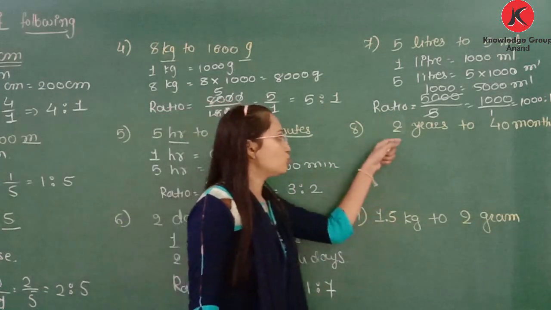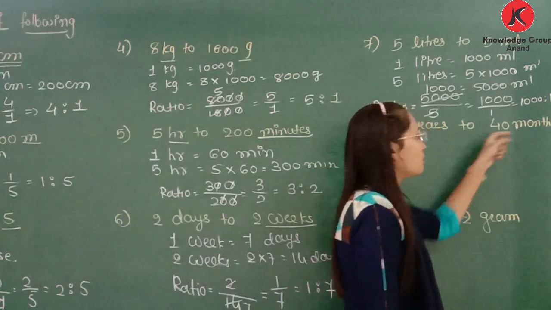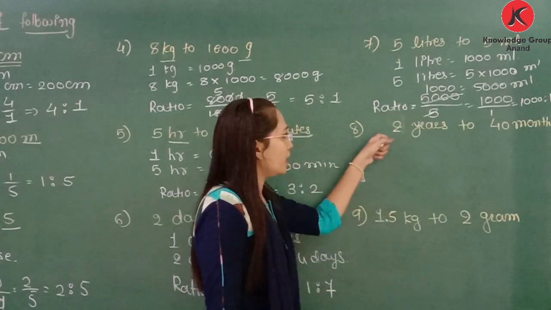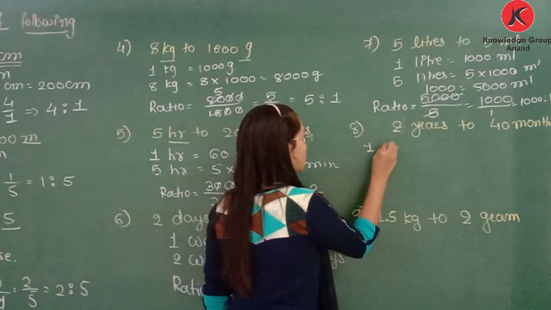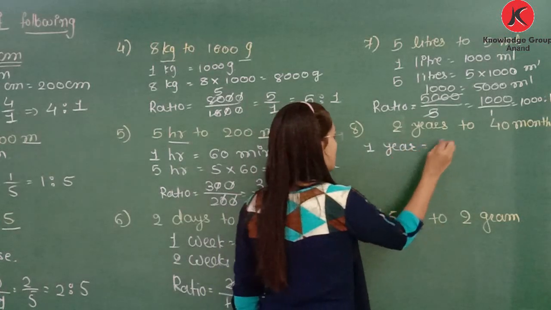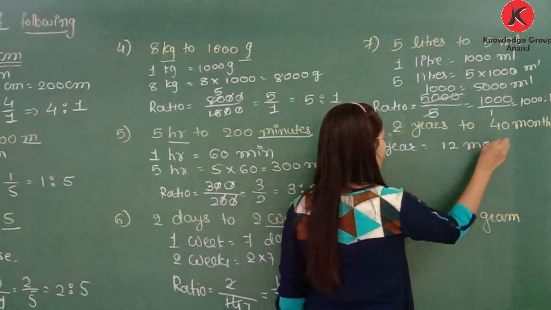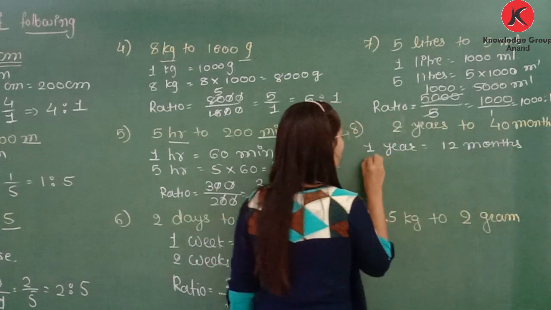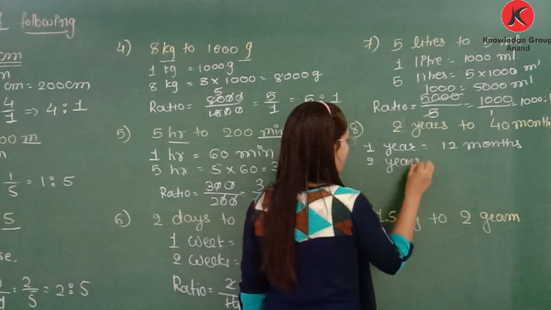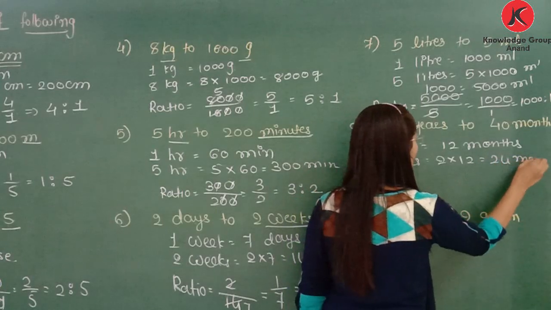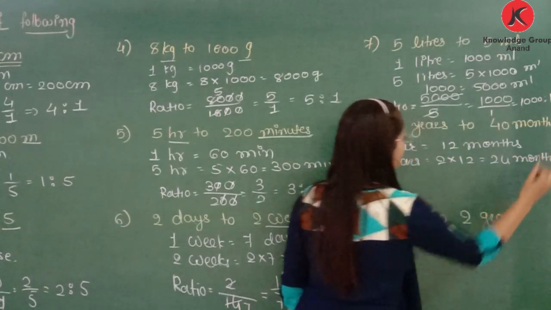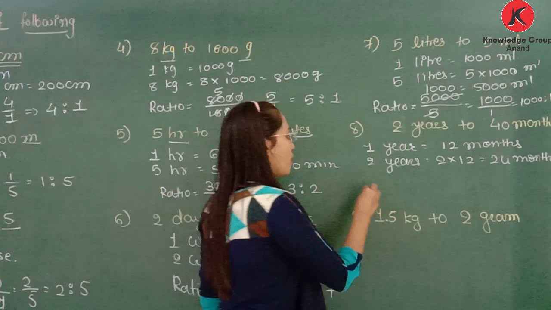Now next one, 2 years to 40 months. In 1 year, how many months? 12 months. So we can write 1 year is equal to 12 months. So 2 years is equal to 2 multiplied by 12, which is equal to 24 months. Now perform the ratio.